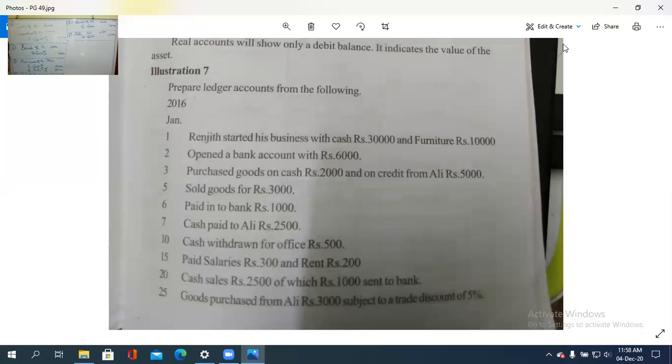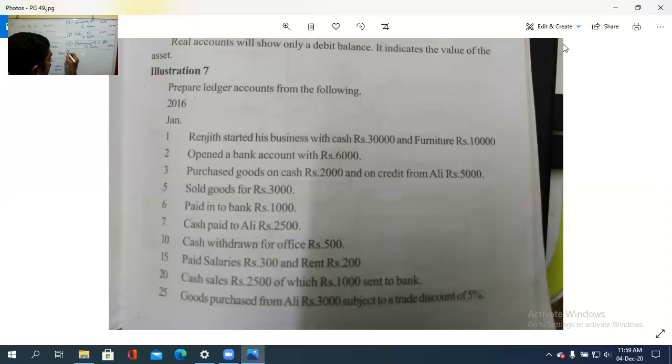Then cash withdrawn from office 500. So drawings account debtor to cash, how much is it? 500. Okay. Then paid salary 300, rent 200.